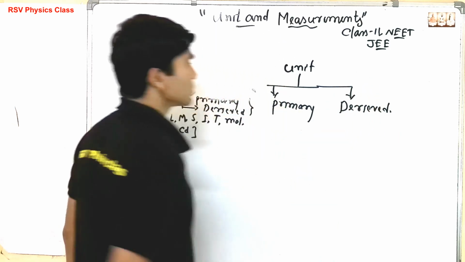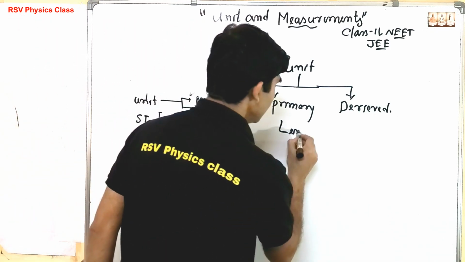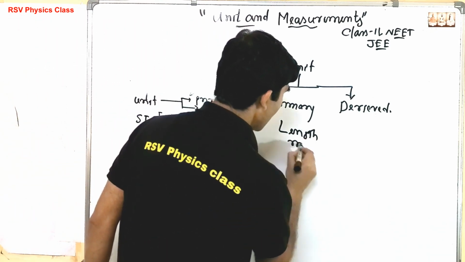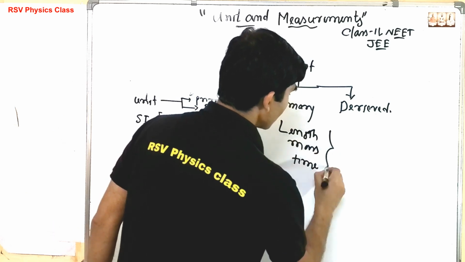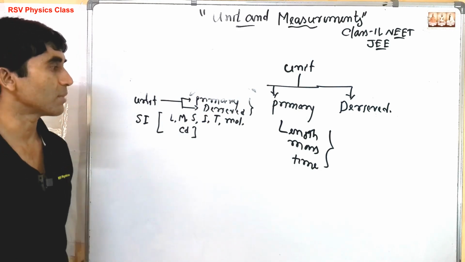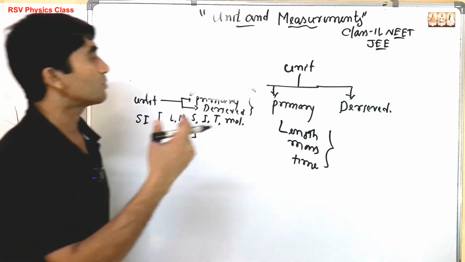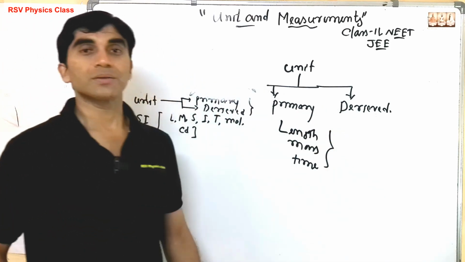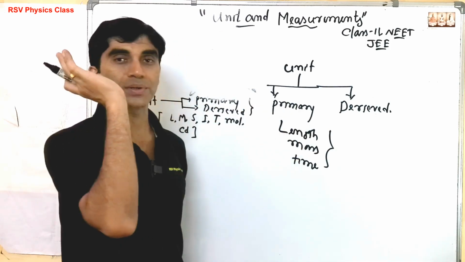What is this? Primary units mean length, mass and time. This is the basic unit. In terms of length, mass and time, you can explain different types of physical quantity.